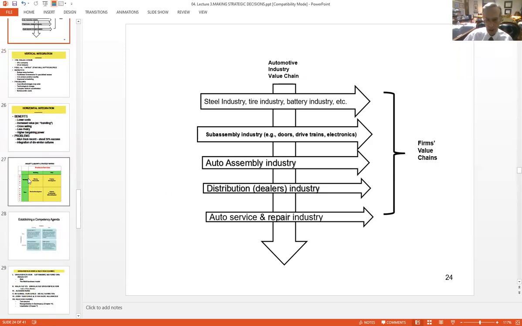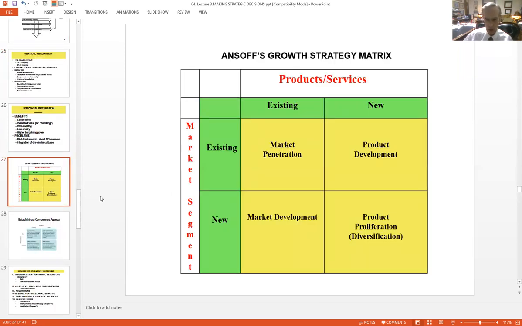Okay, on to a different approach to devising the portfolio of products or businesses. And I want you to take particular note of this method. If this has gone on a long time, if you want to turn off the computer or put this on hold and go to the bathroom, drink some coffee, this is a good time to do it.